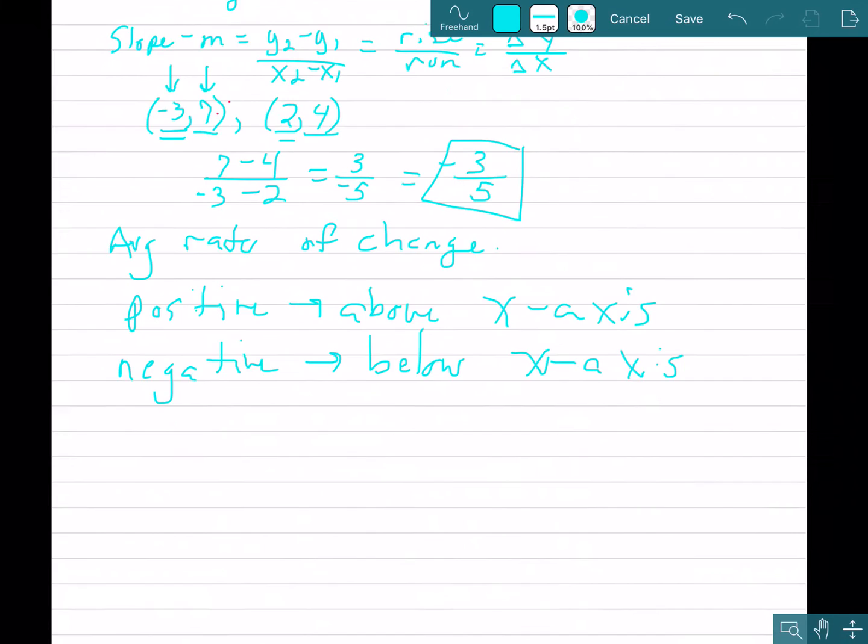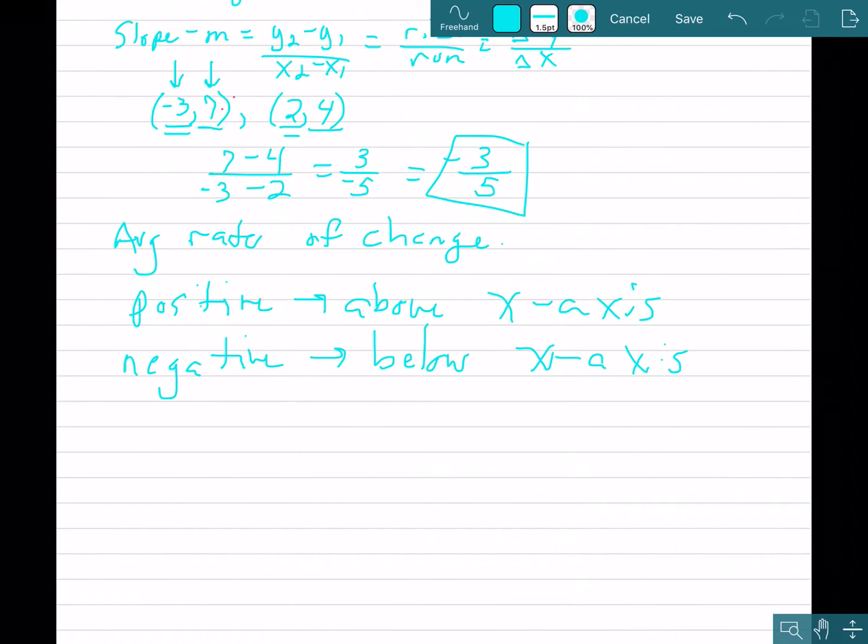Now increasing and decreasing are similar as well. Again, if we know the function, we just want to know the inputs. Which inputs give me a positive output? Which inputs give me a negative output? And here we're going to do the same thing.